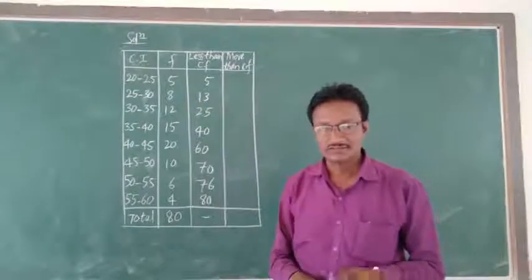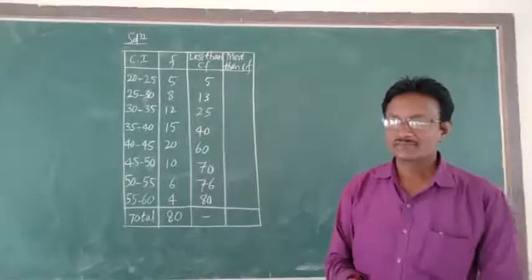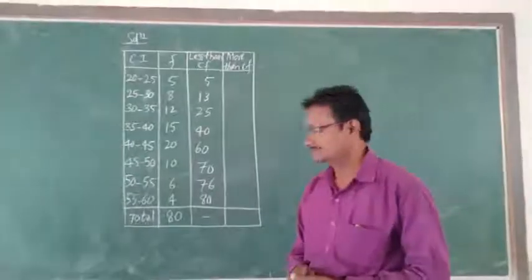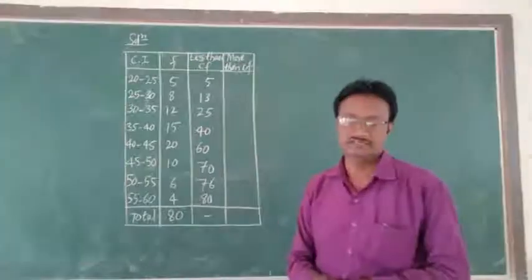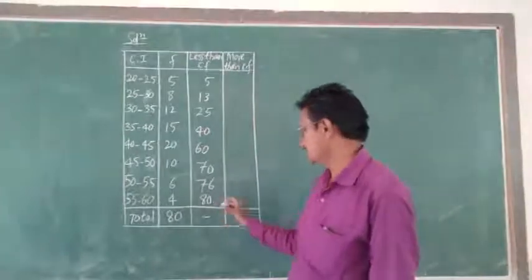And for ascertaining more than cumulative frequency we have to add frequencies from bottom to top. That means first we have to take 80.